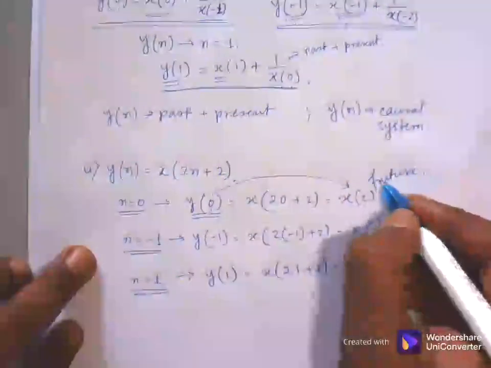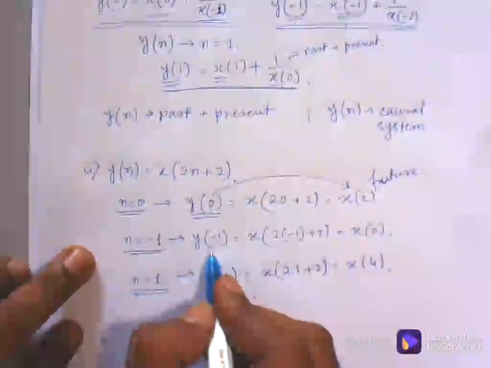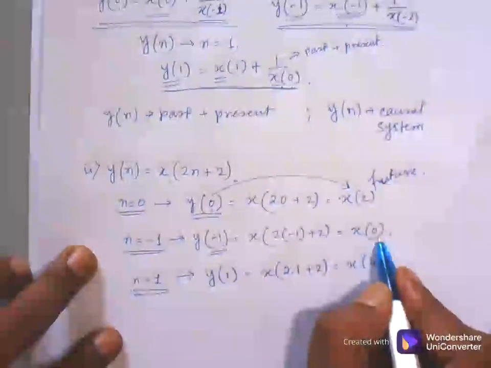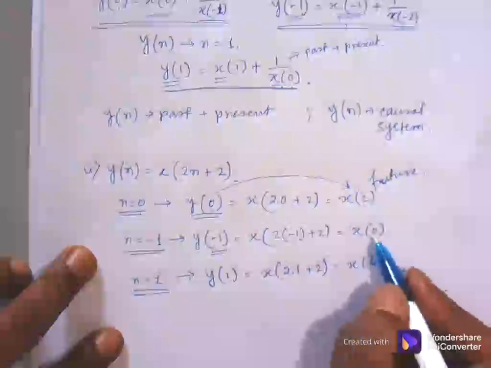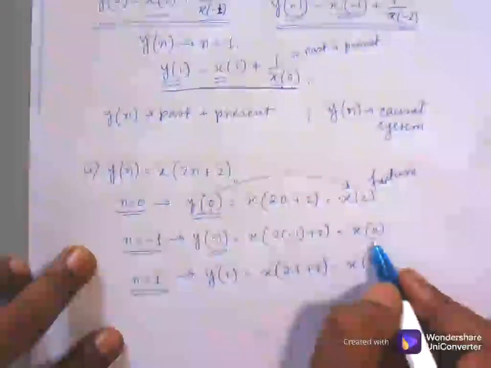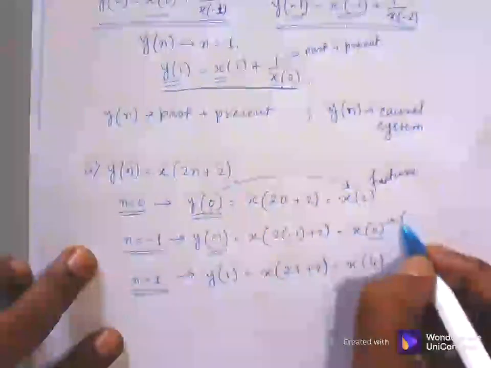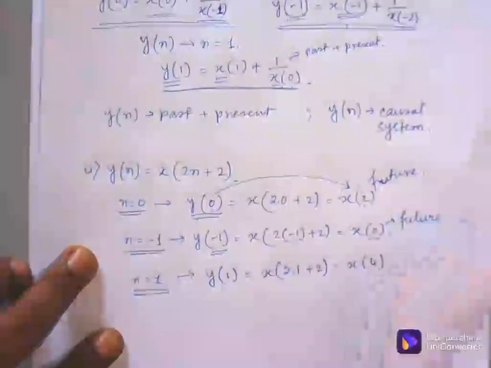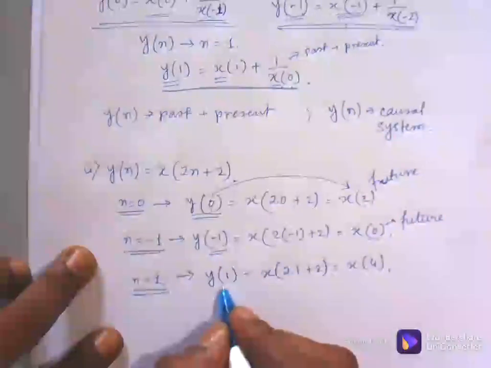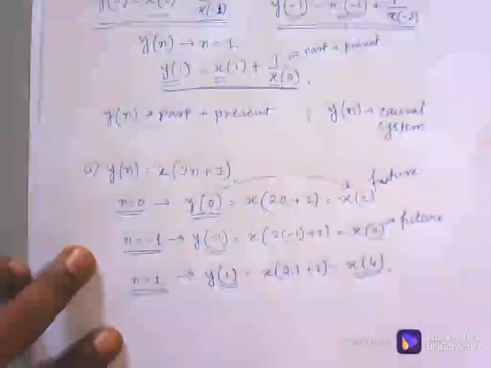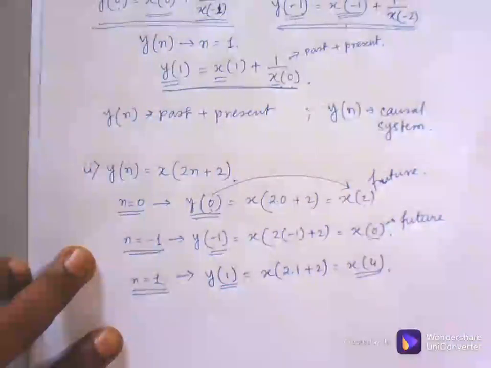Okay. Next, now present value is minus 1, but it is dependent on 0, that is again future value with respect to minus 1. 0 is the future value with respect to minus 1. So it is also dependent on future value. Again y equal to 1, present value is 1 and it is dependent on x of 4. 4 is the future value with respect to 1.